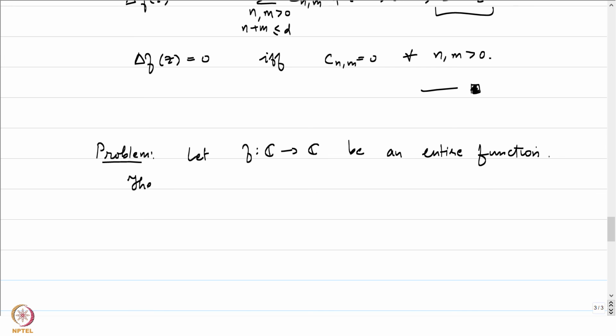Then f is real valued, that means it takes only values on the real line, only if f is constant. So the only possible real valued functions are constants.